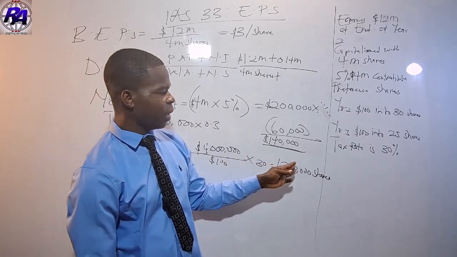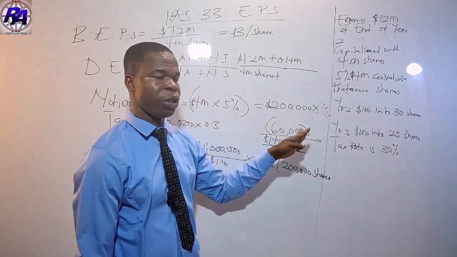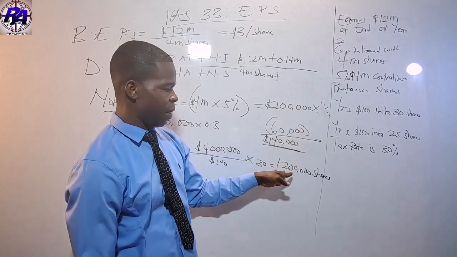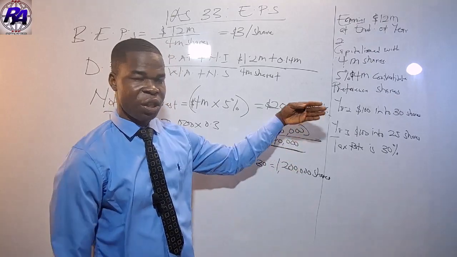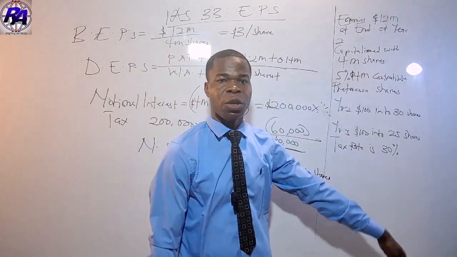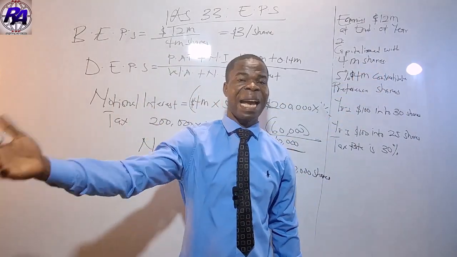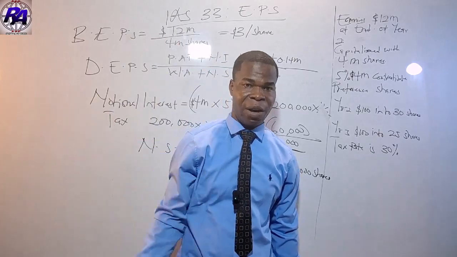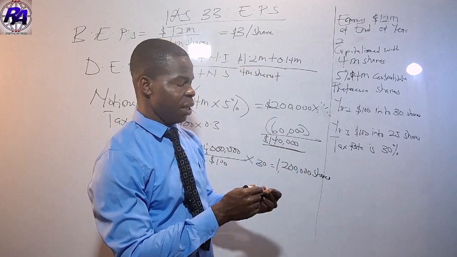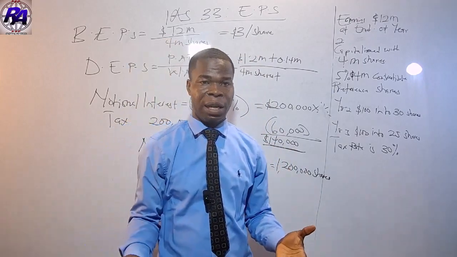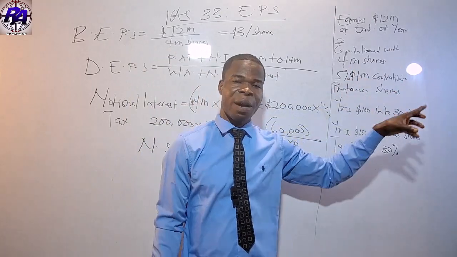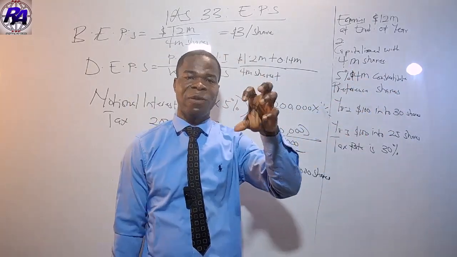Now we can even check for dilution before we continue. We can check and see if this additional convertible instrument is dilutive in nature. There are sometimes where the convertible instrument, the warrant or the options will not be dilutive in nature.